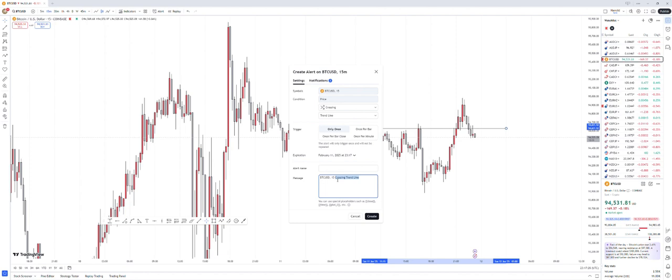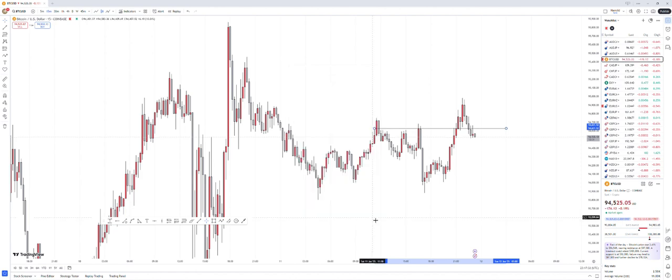Let's say, price at entry, and then you create the alert. Anytime price comes to touch that line, it's going to send a notification to your trading device, whether your laptop or your phone. If it's the same account, it's going to send a notification to both places for you to know that price has gotten to that zone and that you need to pay attention to it and come and take your trade.